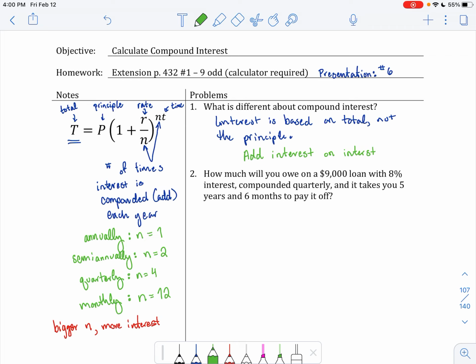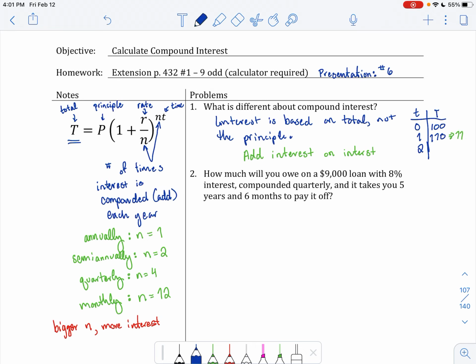if I start with time 0, no time has passed, I have $100. After 1 year at 10%, I would have $110 because I have $10 in interest. After 2 years, 10% of this is now $11.